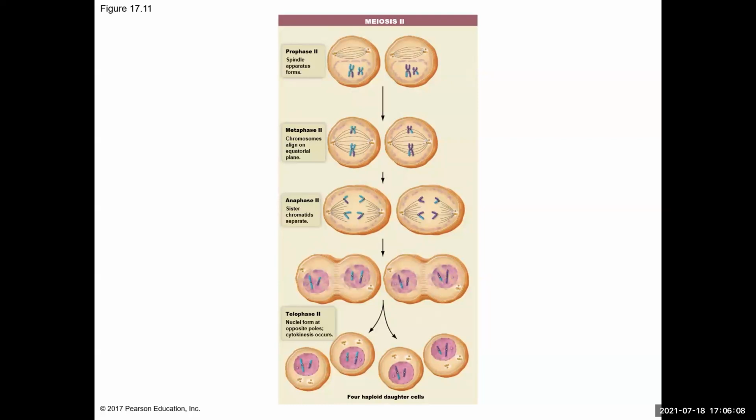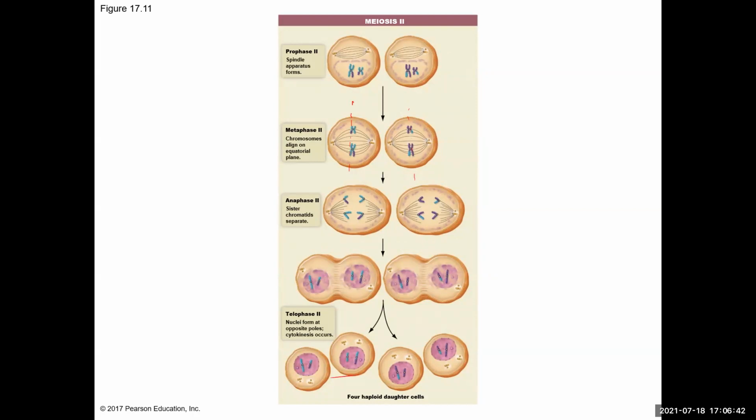In metaphase 2, those sister chromatids line up along the metaphase plate, right? So now they're lining up singly, no homologous chromosomes. And then the spindle fibers will pull apart those sister chromatids in anaphase 2. And then you have your sister chromatids going to each pole. And then for each one, you'll have telophase 2, where the nuclear membrane reforms, and cytokinesis happens, where you end up with 4 daughter cells.